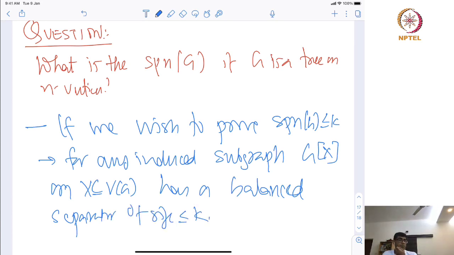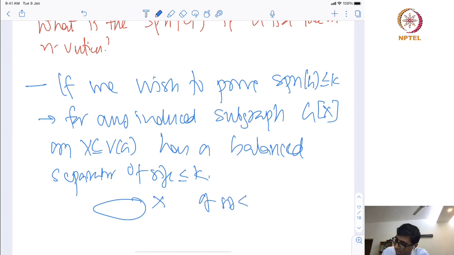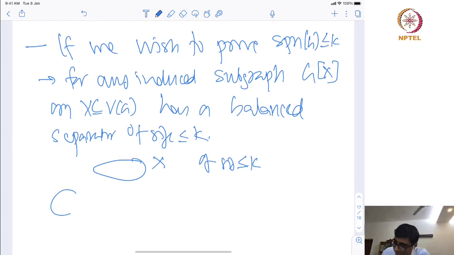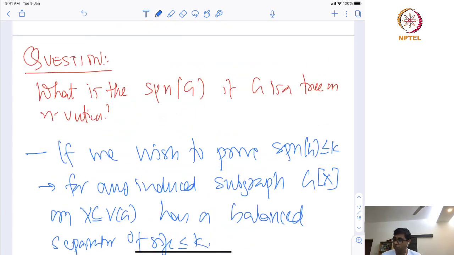Or rather, I have to find a set X of size at most k such that every component has size at most half. This is what we have to show.